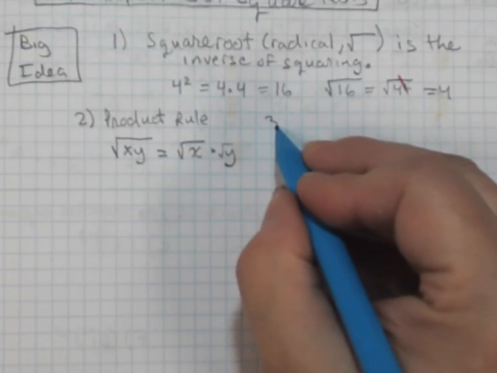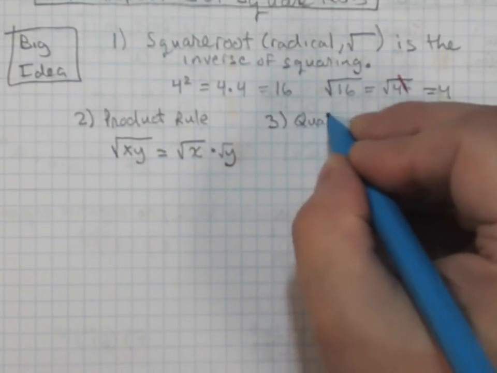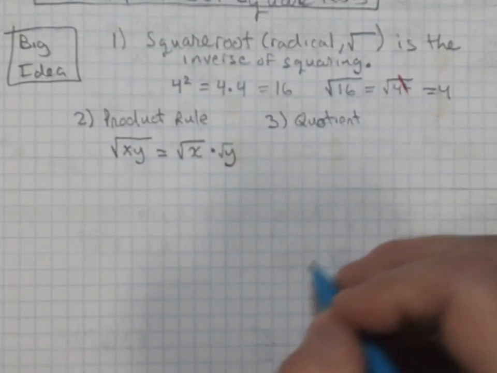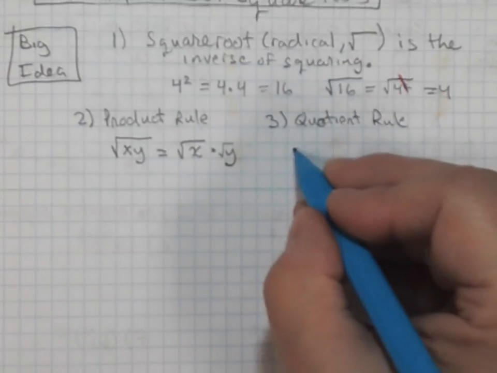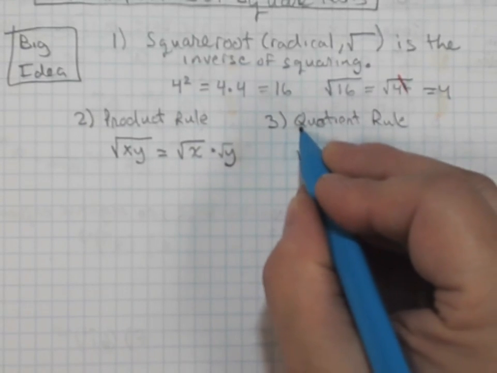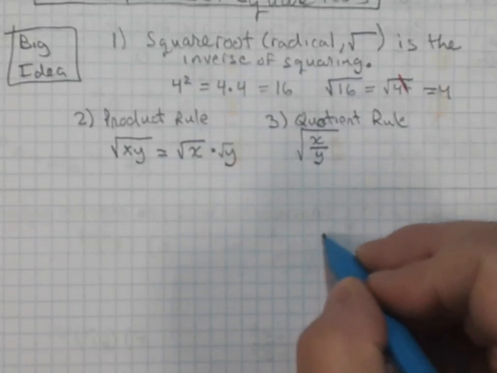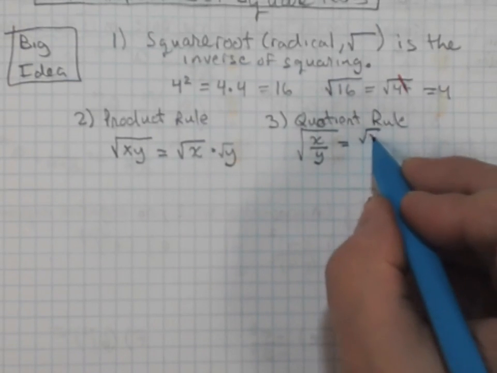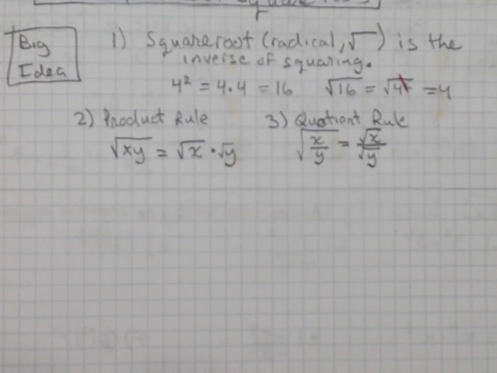I also have a quotient rule. That is, if I take the square root of a quotient, like x divided by y, I can break that up into 2 radicals as well. I can square root the numerator and I can square root the denominator separate from each other.